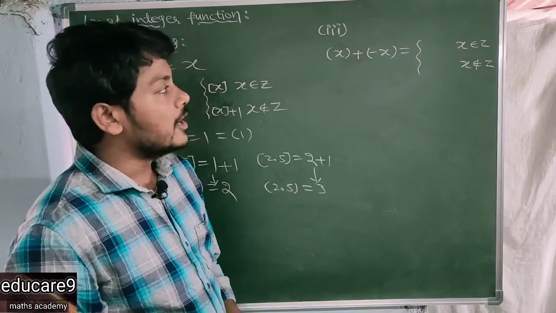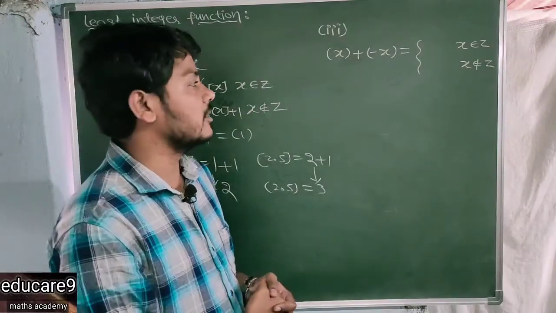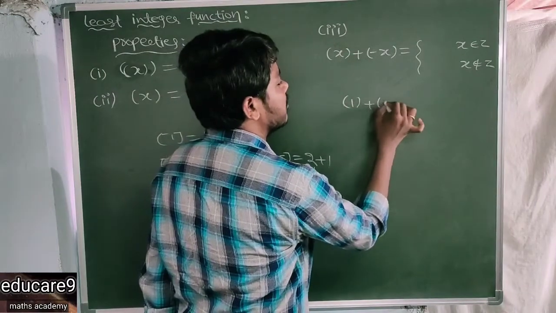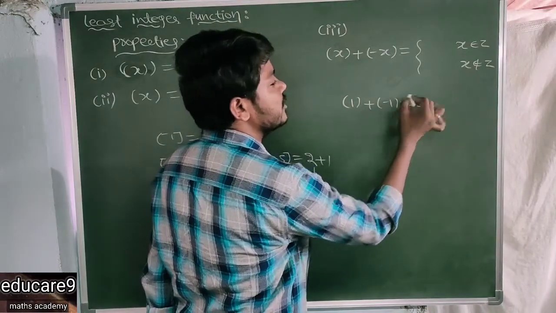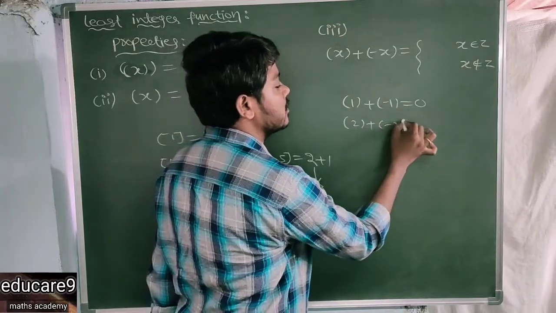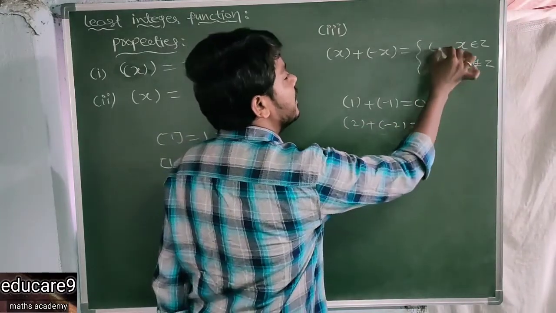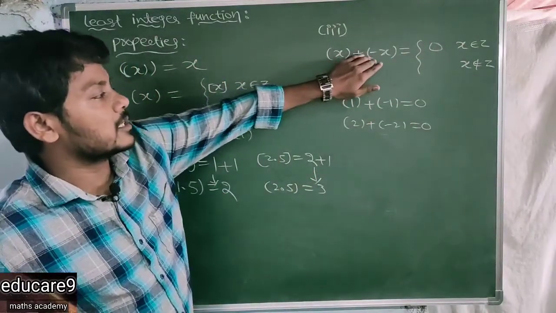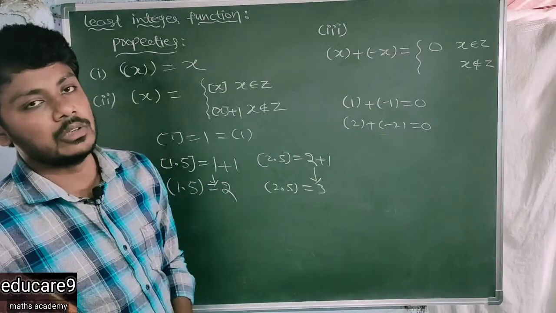See here, if x is an integer, then what happens? Bracket of 1 plus bracket of minus 1 becomes 0. And bracket of 2 plus bracket of minus 2 is also 0. If x is an integer, then bracket of x plus bracket of minus x is 0.